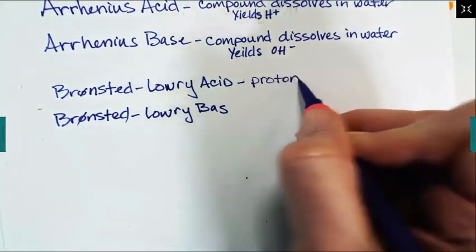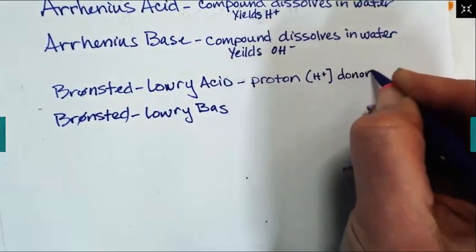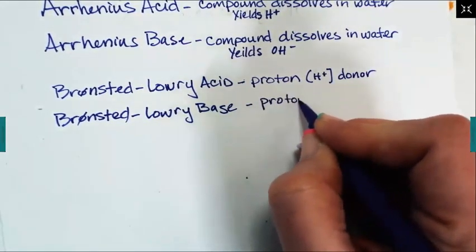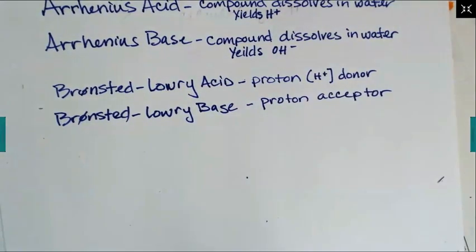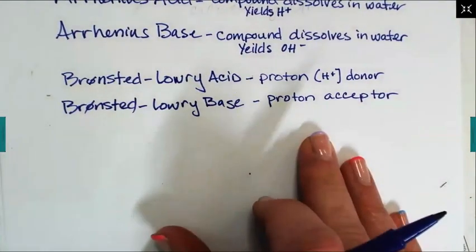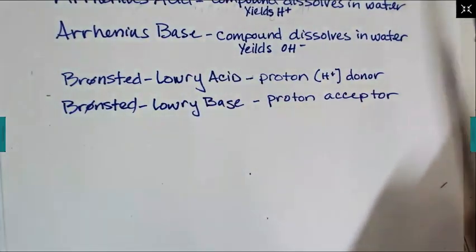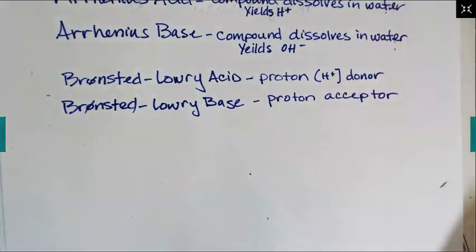And the proton he's talking about, H plus donor. And the base is a proton acceptor. So notice there's no mention of hydroxide in Bronsted-Lowry. And we also don't have this water requirement in Bronsted-Lowry. We don't have the water requirement like we did with Arrhenius.